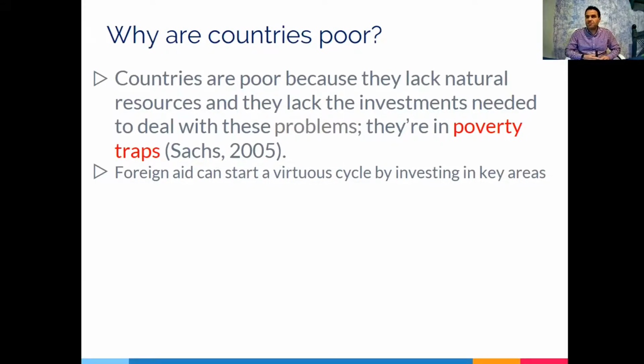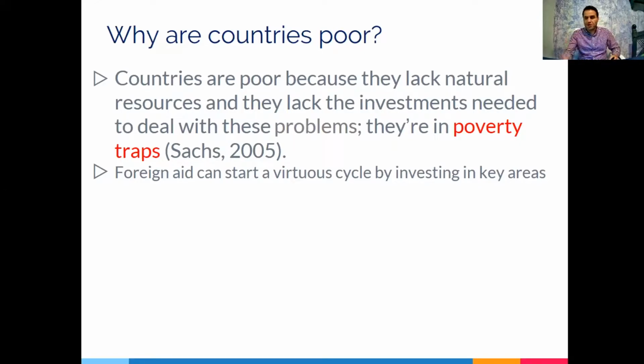So people like Jeffrey Sachs call this poverty traps, in the sense that certain countries know what they need to do. Certain countries know that if they invested in this type of stuff, or improved their education, or improved something, they could slowly but surely start going out of poverty. But they don't have the resources to do them. Therefore, Jeffrey Sachs has proposed the idea of, well, let's help them out.